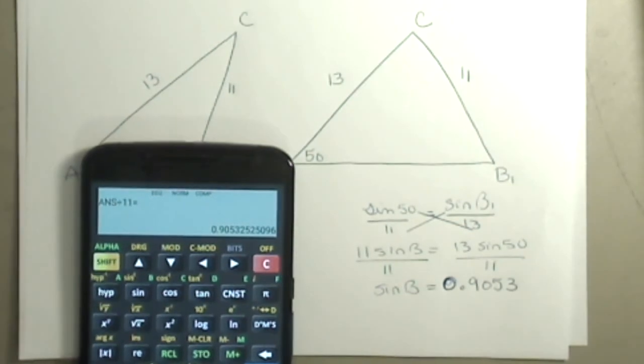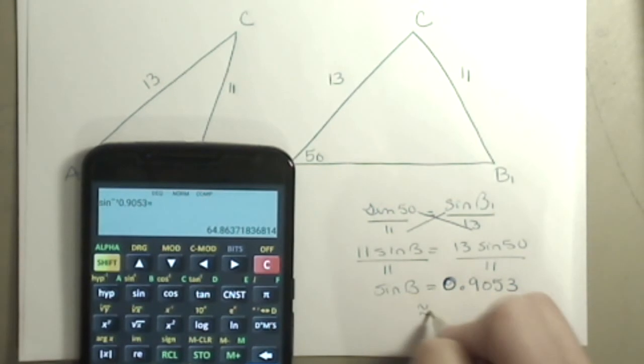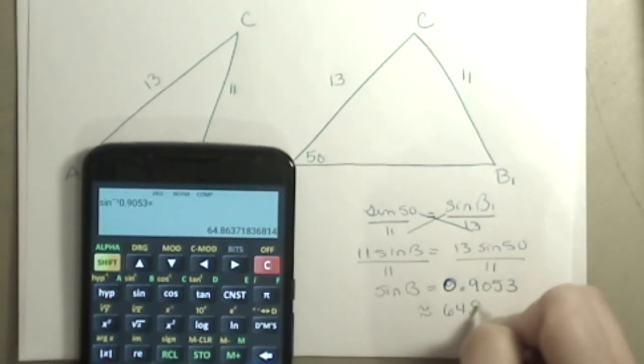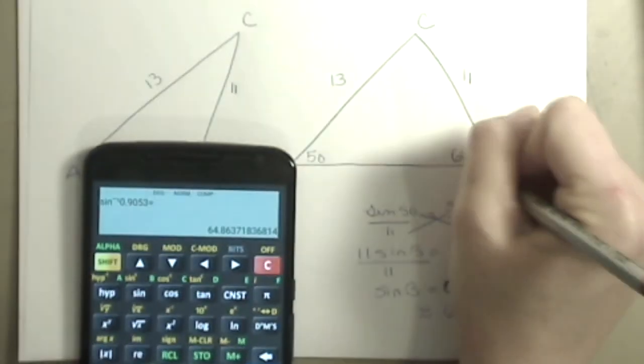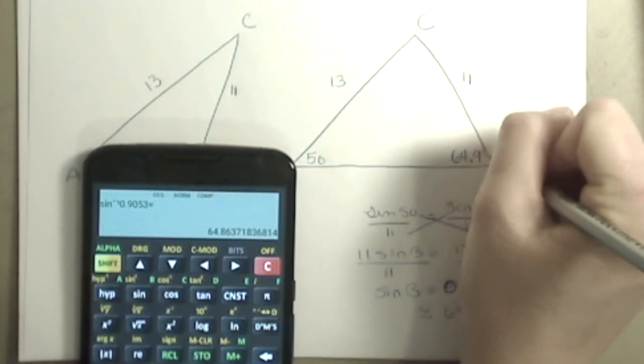That is the sine of angle B. So to get the measure of angle B, we do the sine inverse of 0.9053, and we get that B is about 64.9 degrees, 64.86. So this angle is 64.9 degrees.